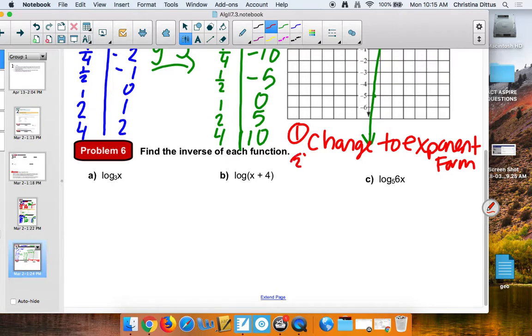The second thing we're going to do, do you like the word switch or flip better? Probably switch. Switch x and y. And then the last thing we're going to do is solve for y.